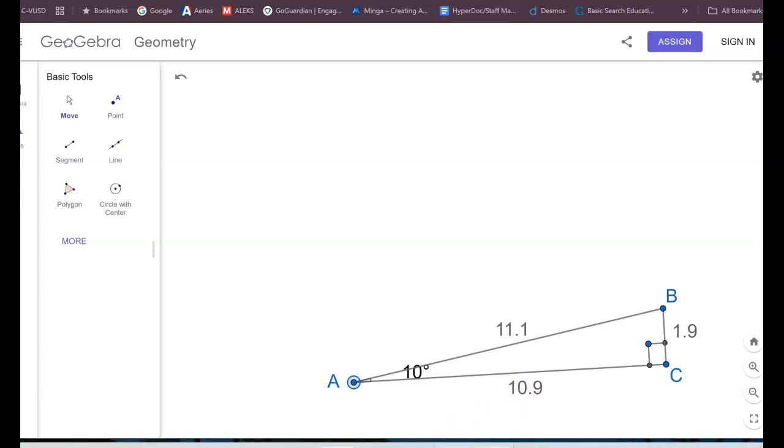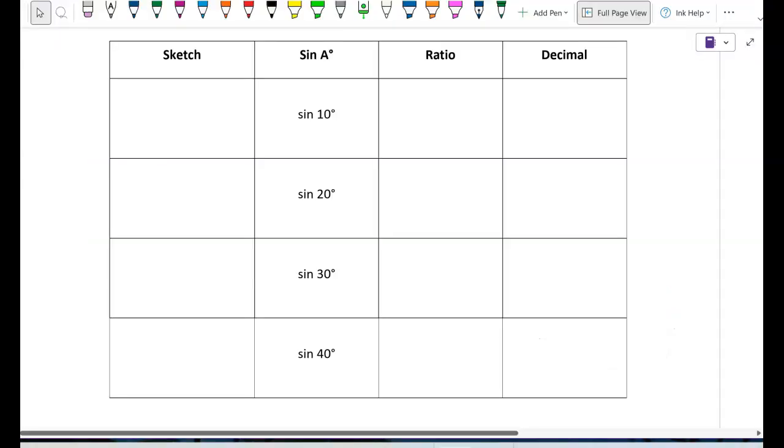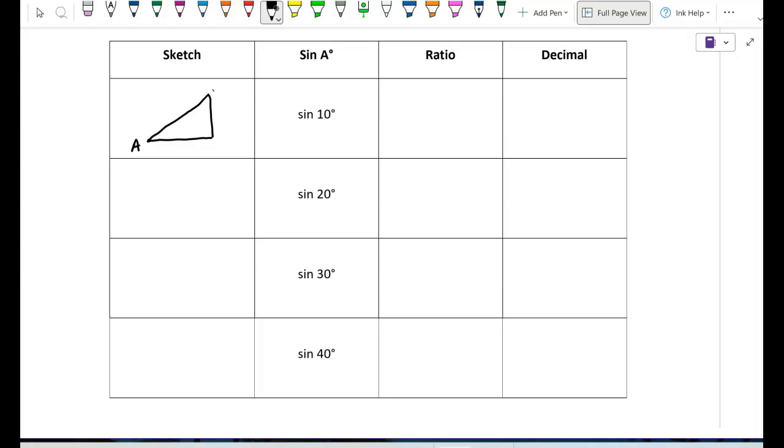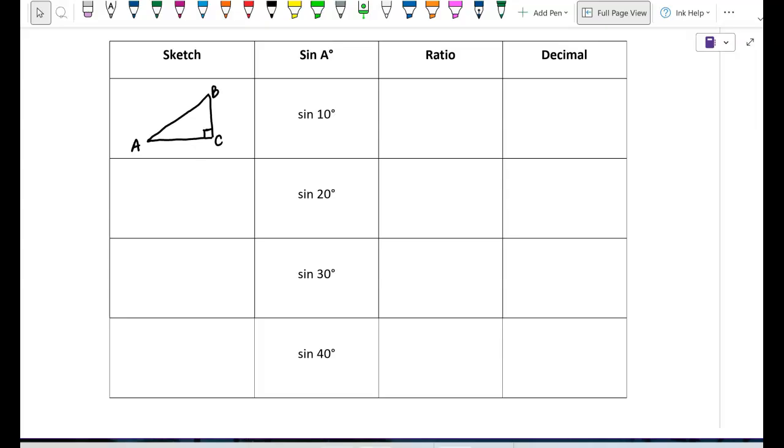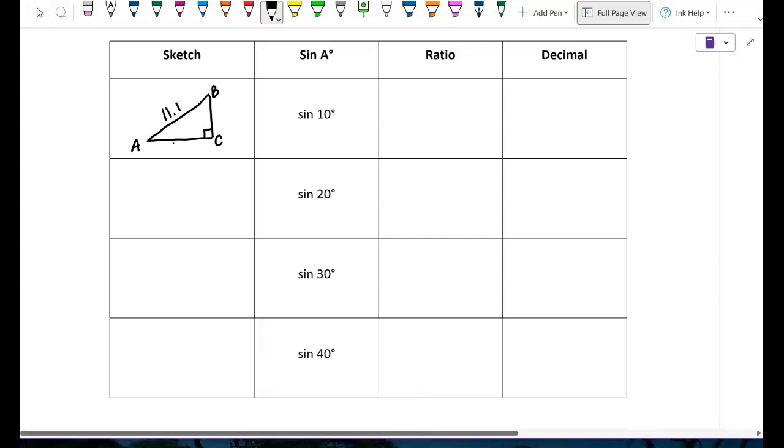So I'm going to draw my triangle on my notes where it says sketch. So I'm going to sketch triangle A, B, C. C is my right angle. Now I've already forgotten my measures, so let me go back and look. 11.1 for my hypotenuse. 10.9 and 1.9 for my legs.